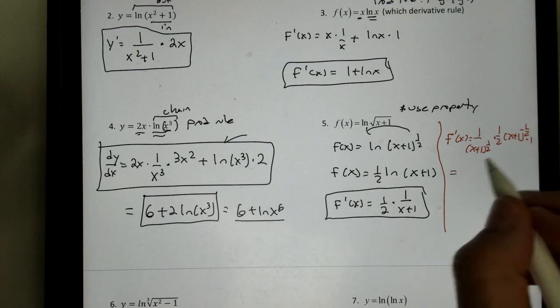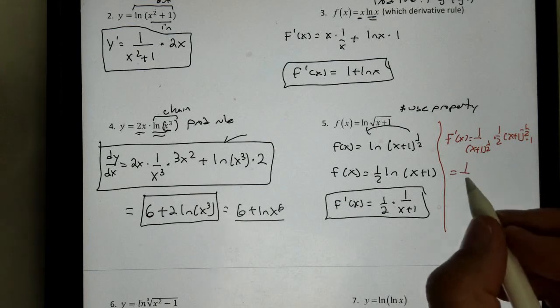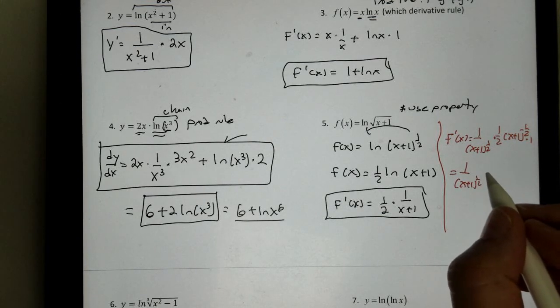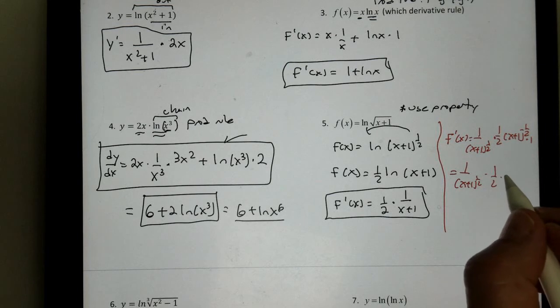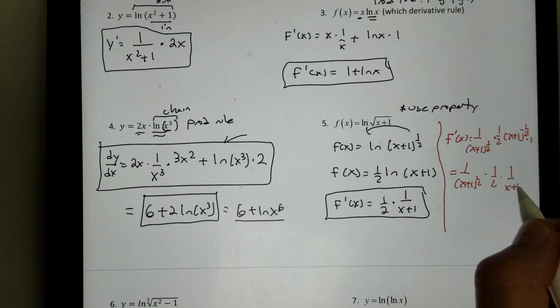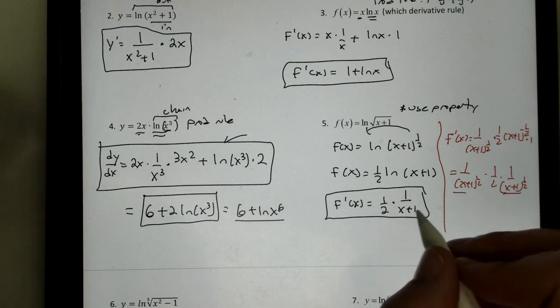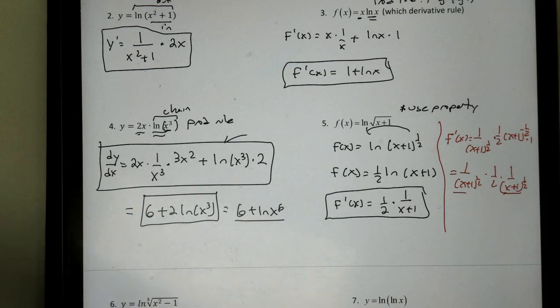Fix my negative exponent: 1 over x plus 1 to the 1/2 times 1/2 times 1 over x plus 1 to the 1/2. And these two together give me x plus 1. I get the same answer. It's just going to be a lot messier.